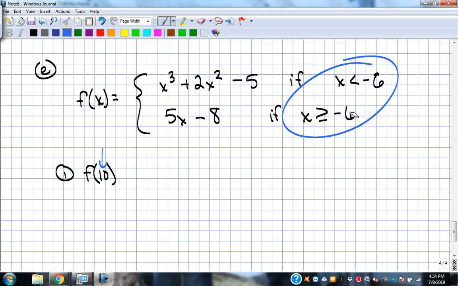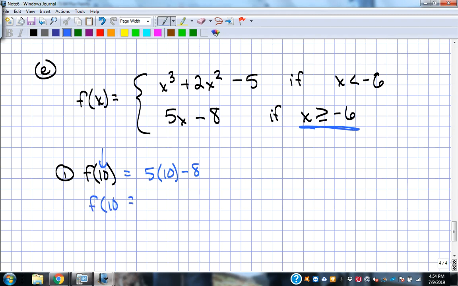So that tells me that, hey, this positive 10 fits that inequality. So that means when I plug this in, I'm going to do 5 times 10 minus 8 because it fits that inequality. I don't use the other one because it's not less than negative 6. Okay? And then I just work that out. f of 10. 5 times 10 is 50 minus 8, so that'd be 42. Final answer of 42 on that.